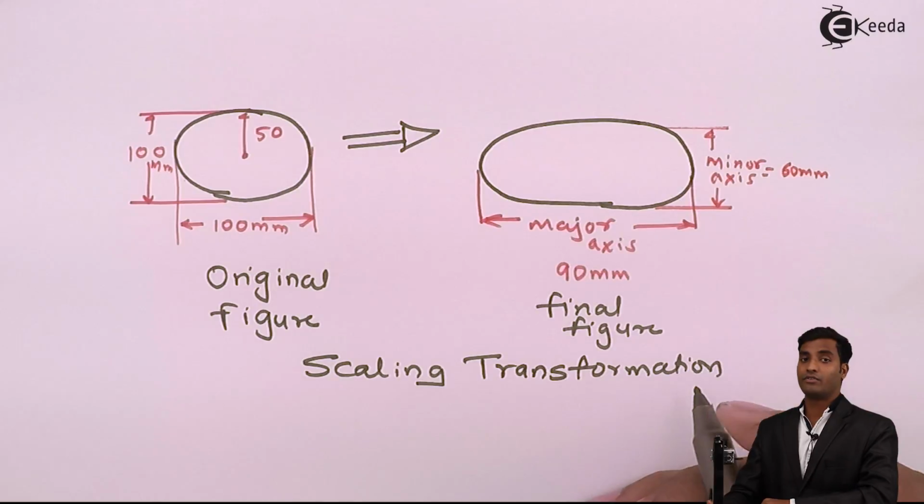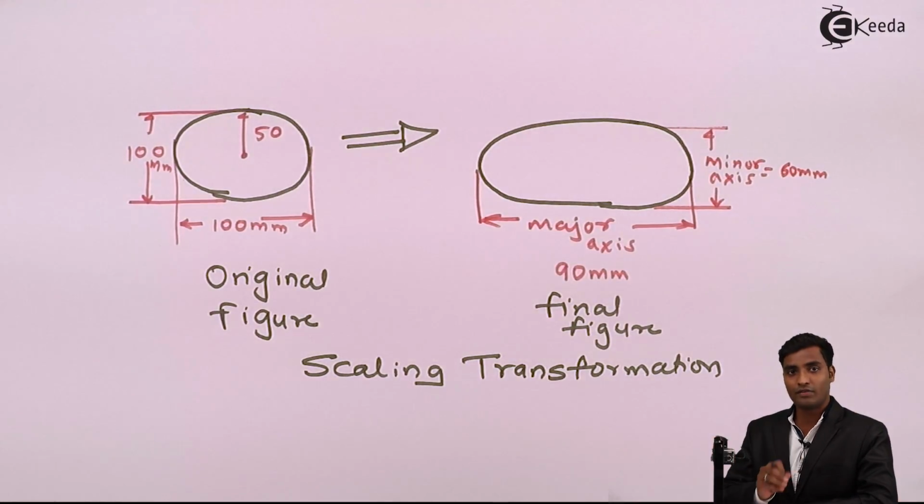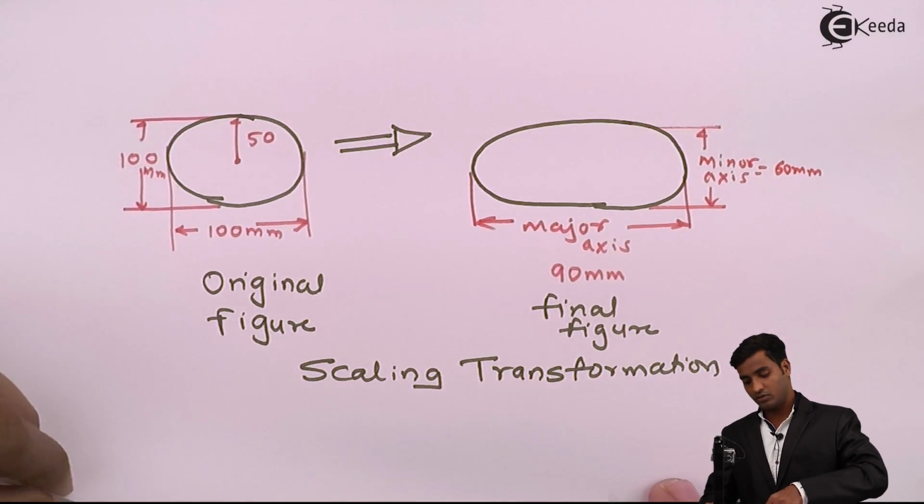Before starting, we know that scaling is always done with respect to the origin. So we have to bring this circle to the origin, that is, the center of the circle is to be brought to the origin. For bringing any point to the origin, we will do translation transformation.